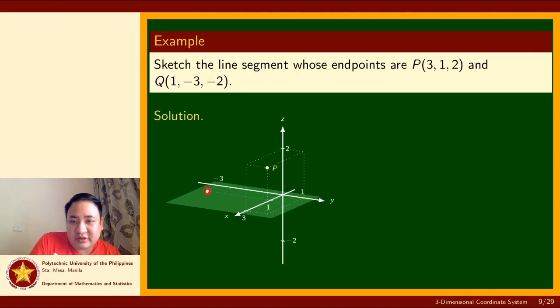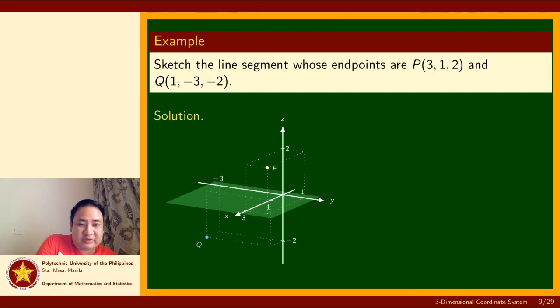But notice that the z-coordinate is negative 2, so we have to go down 2 units below the xy plane. We make a copy of this rectangle 2 units below the xy plane. Then, drawing the vertical line segments connecting corresponding points, we have the following rectangular box. Again, the point opposite the origin in this rectangular box is the point Q.